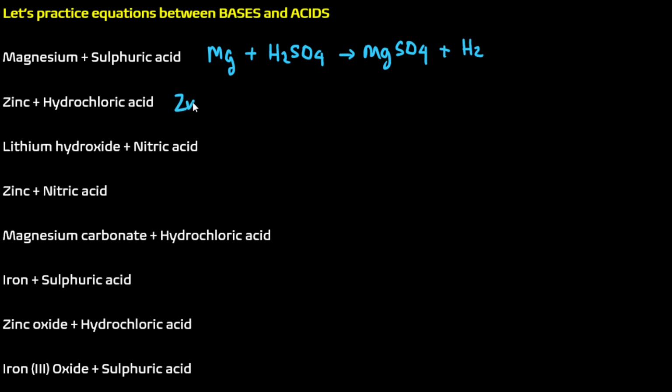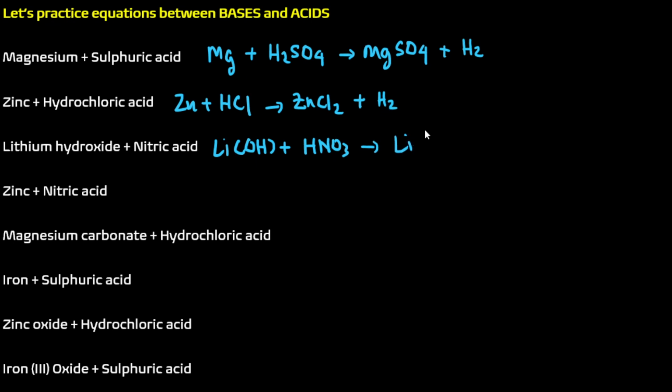Zinc plus hydrochloric acid will give us zinc chloride plus hydrogen. Now lithium hydroxide and nitric acid, LiOH plus HNO3. Since this is a metal hydroxide, instead of hydrogen, we will have water.